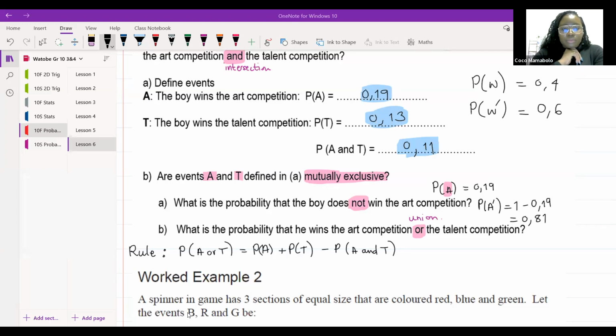Okay, so we need to remember, Enke, that this particular addition rule is for a union. It's only for union, and the other one is for intersection.